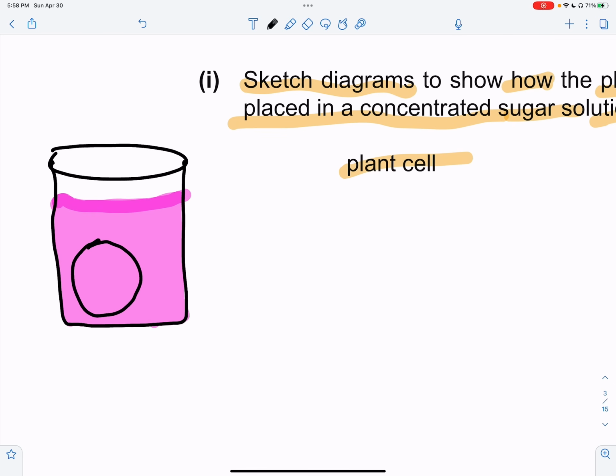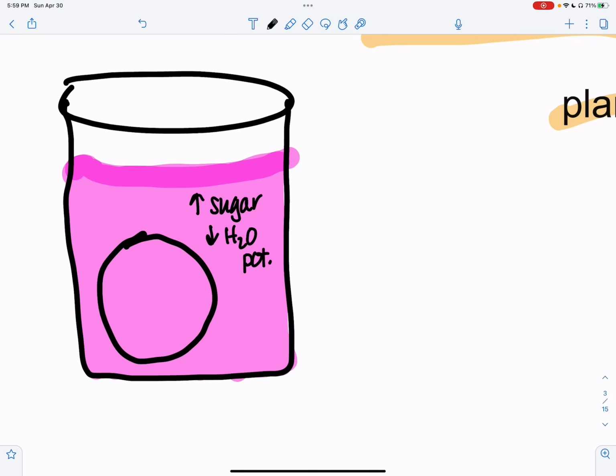Outside, we want to show water potential. So we have a high amount of sugar, and so we're going to have the inverse for water, low water potential. And the opposite will be true inside the cell. This is always comparing the cell to the solution that it's in.